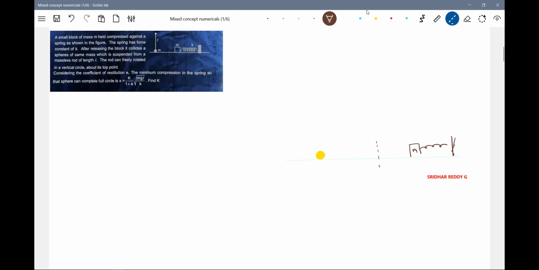And we have a rod here. So when I release this, what will happen? It is being compressed, but how much should it be compressed? Let me say x0. I'll release it. What will happen to the block? It will experience a spring force.